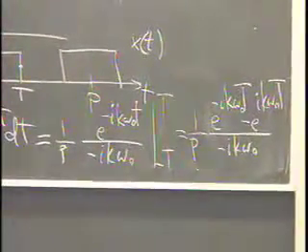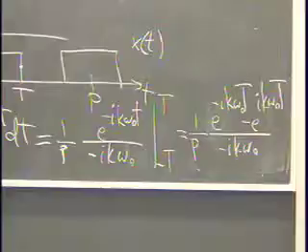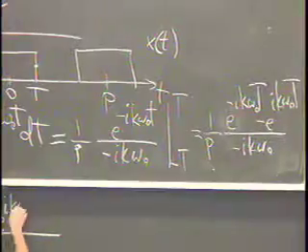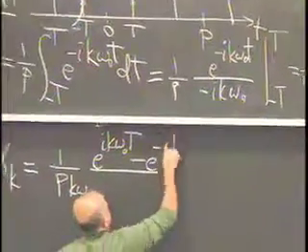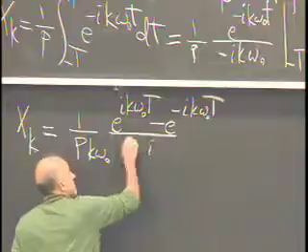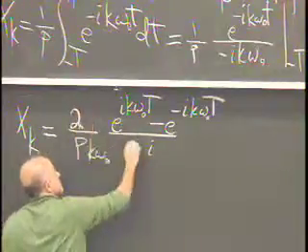I'll have 1 over p, k omega naught, and then e to the I k omega naught t minus e to the minus I k omega naught t. I have a difference of two complex exponentials. And I multiply the numerator by 2 and the denominator by 2. Yeah?